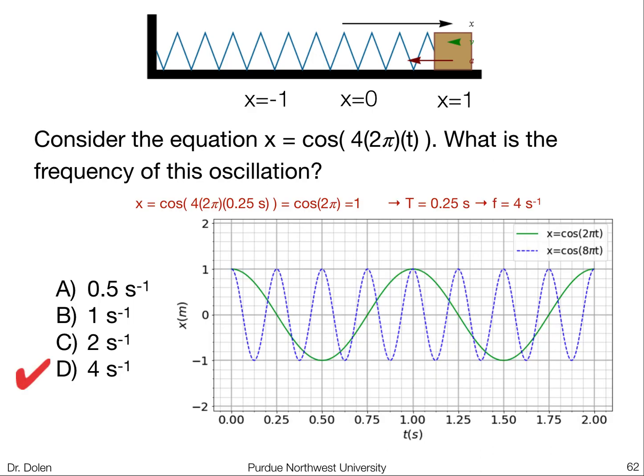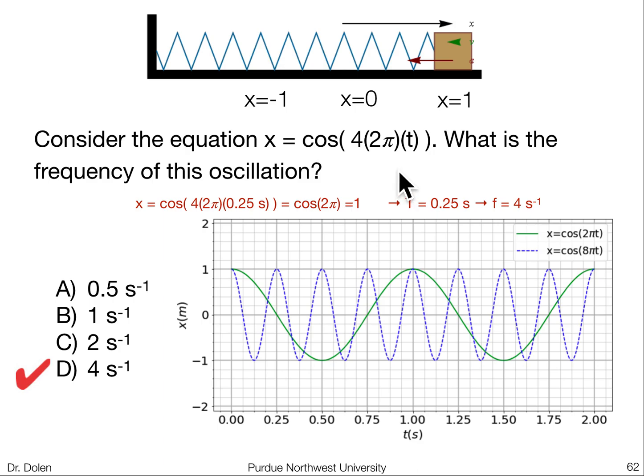When you do that, you plug in, and this takes a little bit of thought, but let's see what happens here. X is equal to cosine of 4 times 2 pi times t, and if I plug in a quarter of a second here, I get cosine of 2 pi. 4 times 2 pi multiplied by a quarter, well, the quarter just cancels out that 4, so I get cosine of 2 pi is equal to 1.